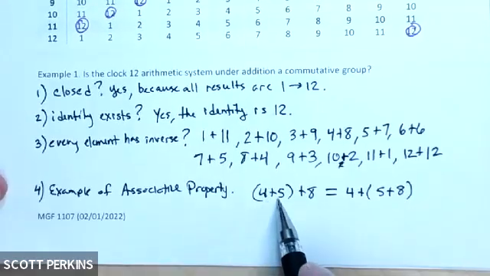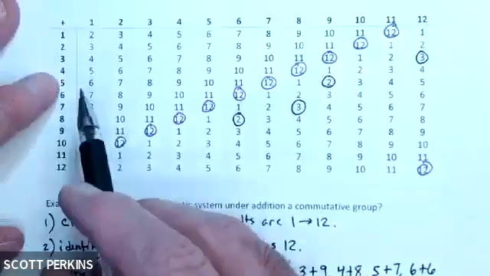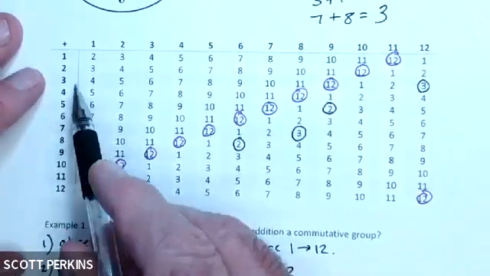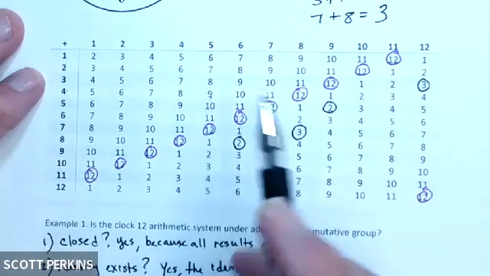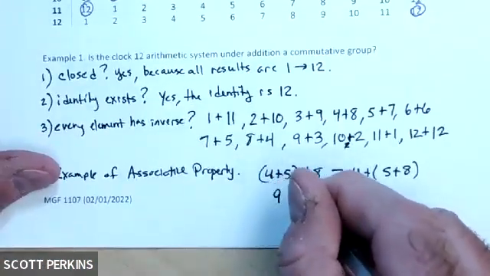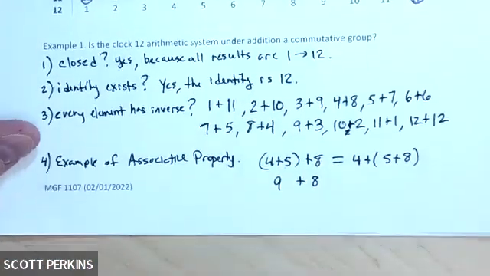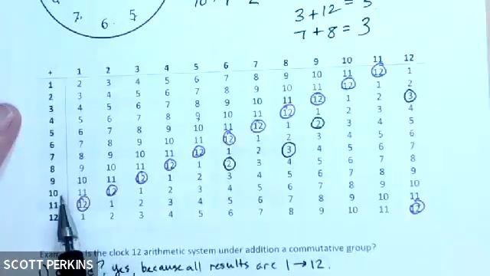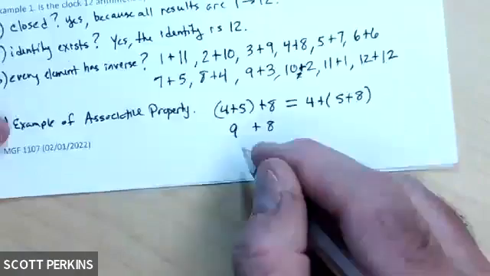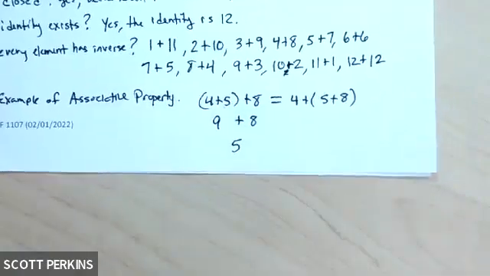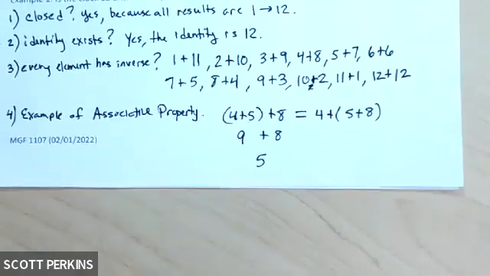So 4 plus 5, I mean, you know what this is, but I'm just showing you for future examples. 4 row, 5 column, that's 9. Then I'm going to go back up to the table. 9 plus 8, the 9 row and the 8 column is 5. So the result of the left side is 5 when I have the 4 plus 5 in parentheses.